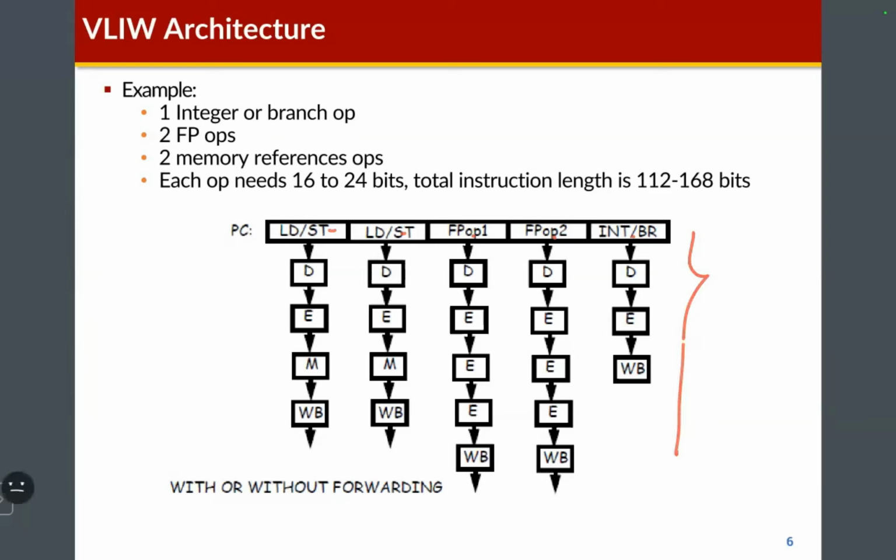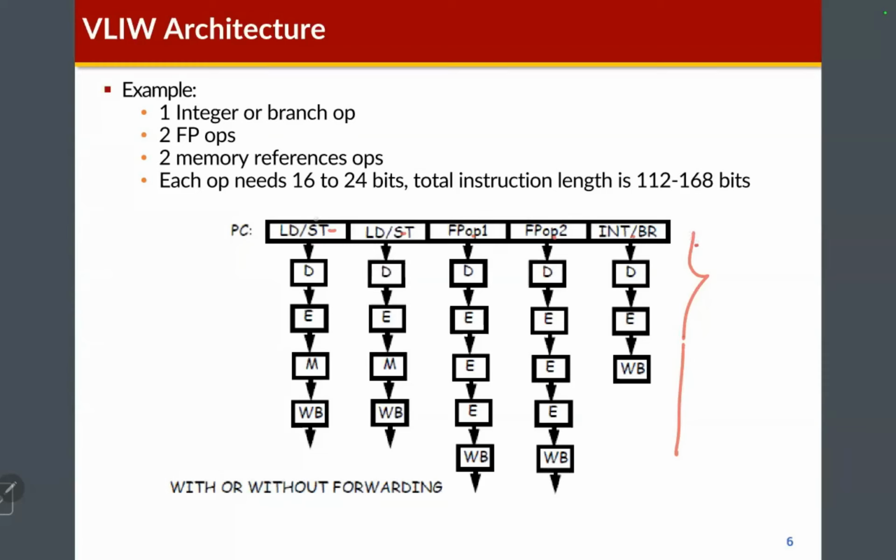In the backend part of the Tomasulo algorithm, there are multiple execution units, and instructions are dispatched to the different execution units. This alignment, dispatch, and issuance of instructions is handled by hardware dynamically. But in the VLIW, this process is done by the compiler, the software.